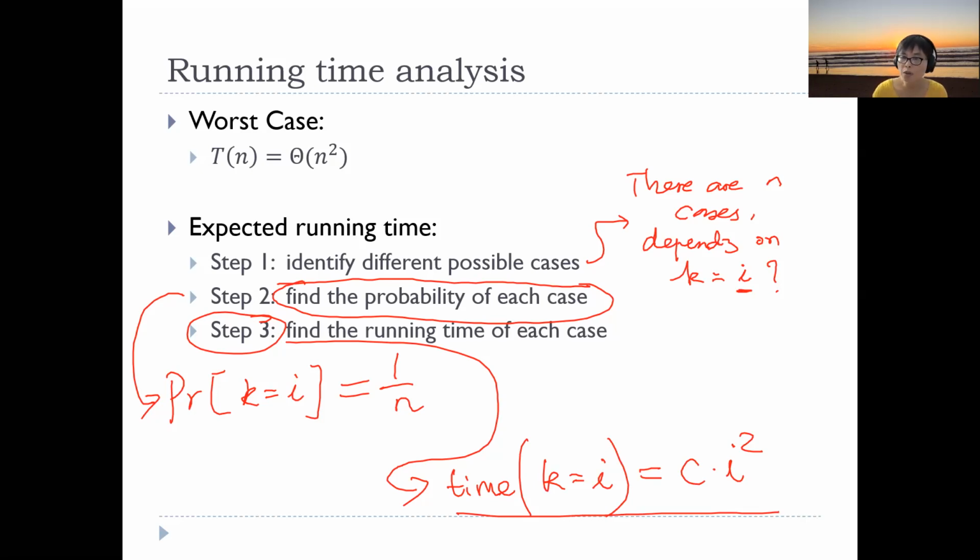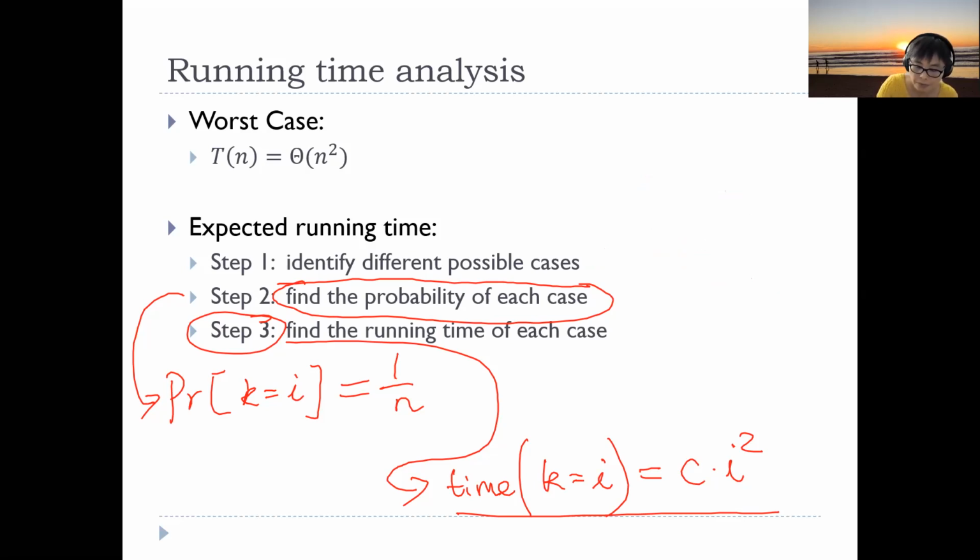How do we put all of this together? We now have the final expected running time of this algorithm equal to the summation of the running time of each case.